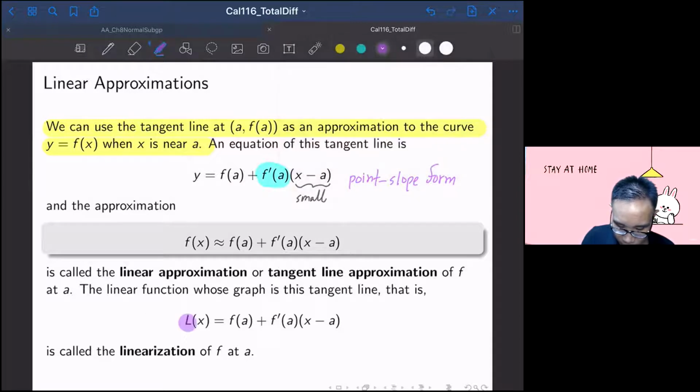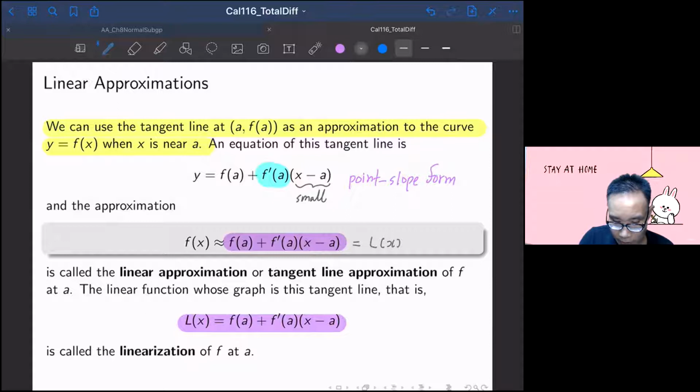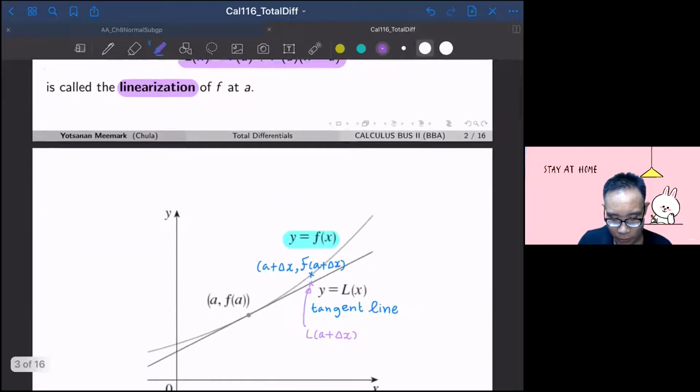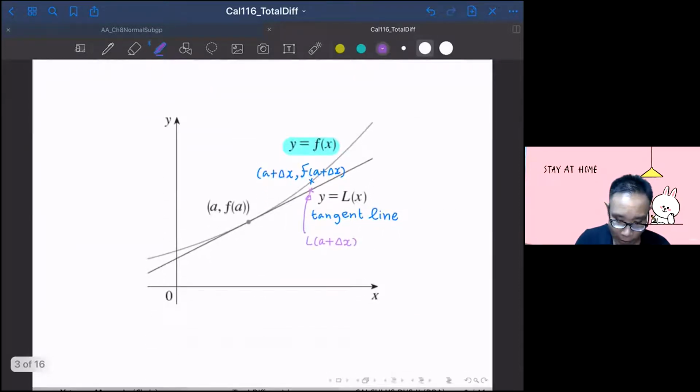So this one is your L(x), equal to L(x), and L(x) is nothing else besides the tangent line at x equal to a. We have a fancy name for it called linearization. However, you don't need to know the name; it's just the tangent line approximation. This illustrates that: you'd like to find this value, but the value on the tangent line turns out to be a good approximation.